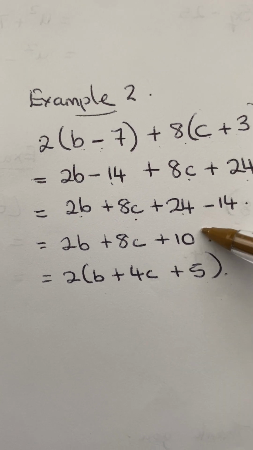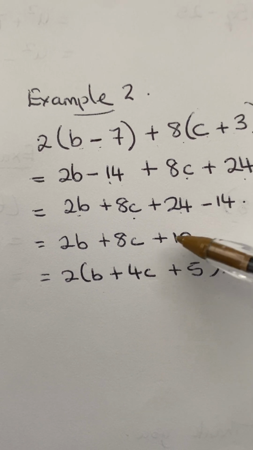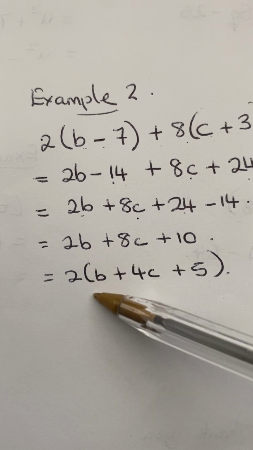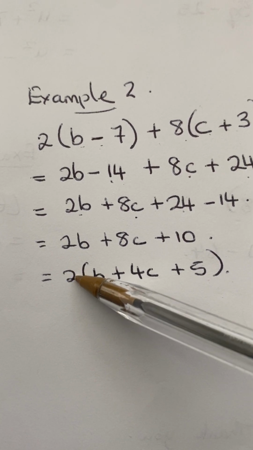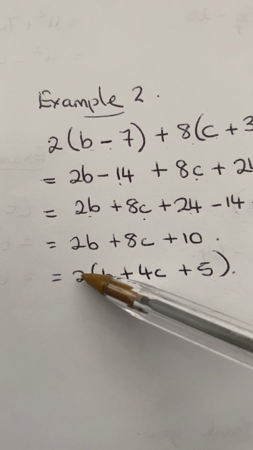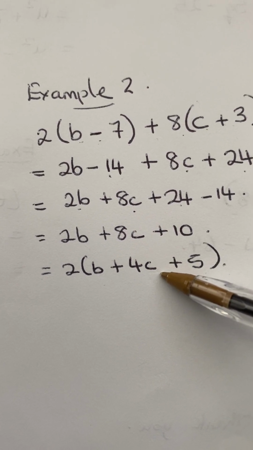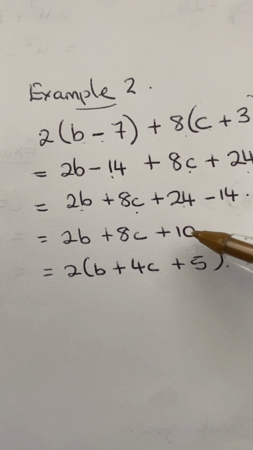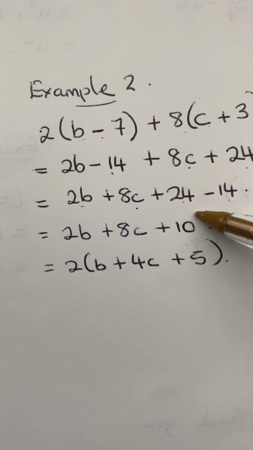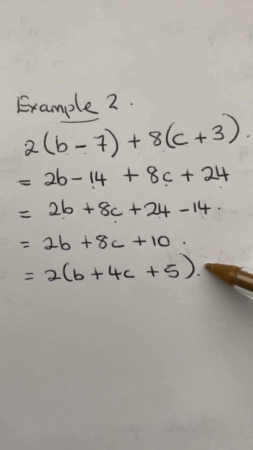You can leave your answer this way, but 2 is a factor of all 3 terms, so we can bring 2 out and introduce a bracket. How many 2's do we have in 2? 1, so we have b. How many 2's do we have in 8? 4, so we write 4c. How many 2's do we have in 10? 5. So we can leave the answer here, or go a step further and do this.